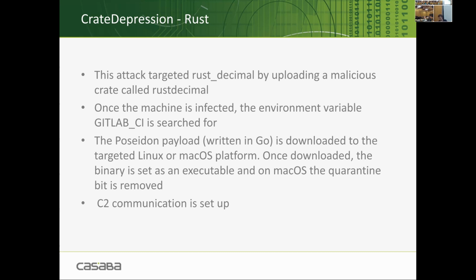Once that environment variable is identified, that machine is known to be part of that CI pipeline. A payload's downloaded, and then it's a C2 server, and at that point I can hijack a host really easily. That's pretty much gold at that point.